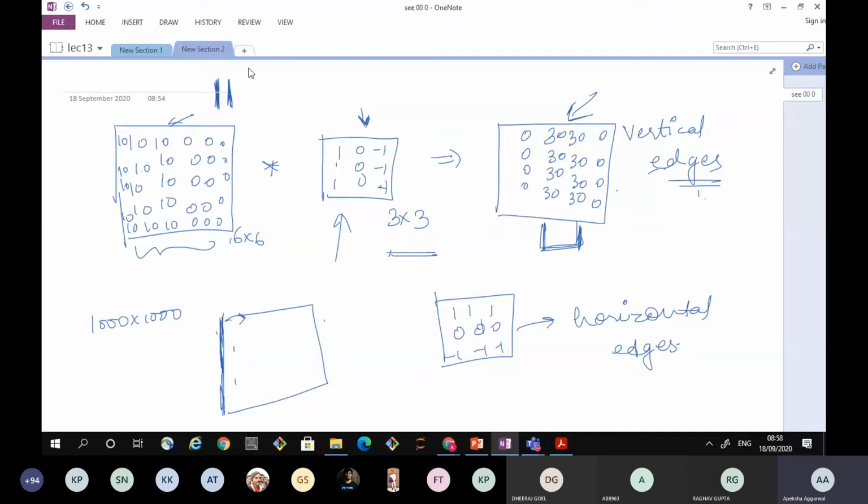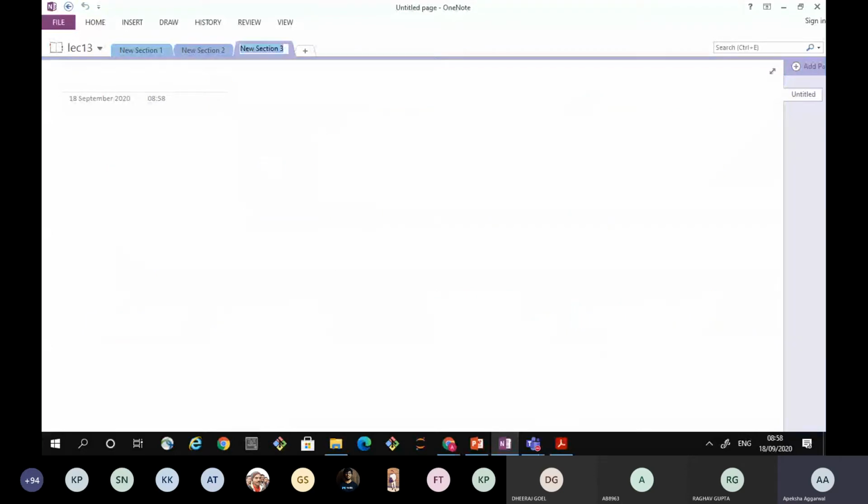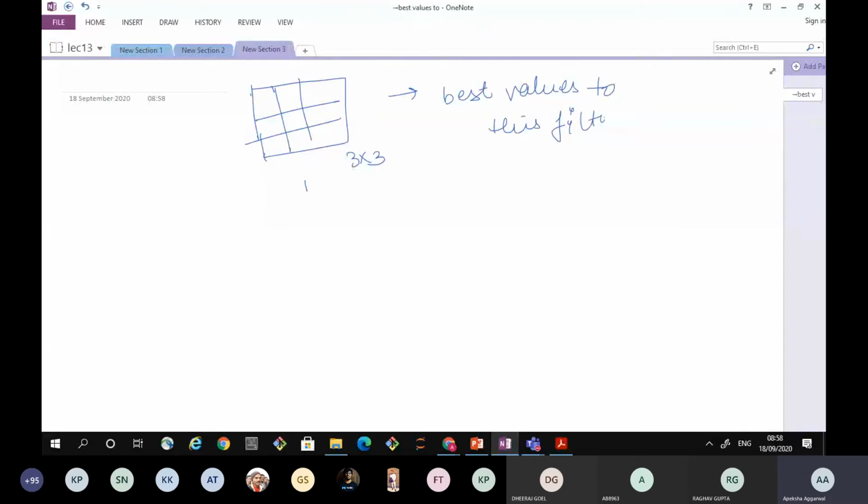Now, as asked, how do we decide the values of these filters? What is the criteria to decide the values of this filter? Suppose the size of the filter is 3 x 3. What are the best values for this filter such that it identifies the actual features or representation from my image?